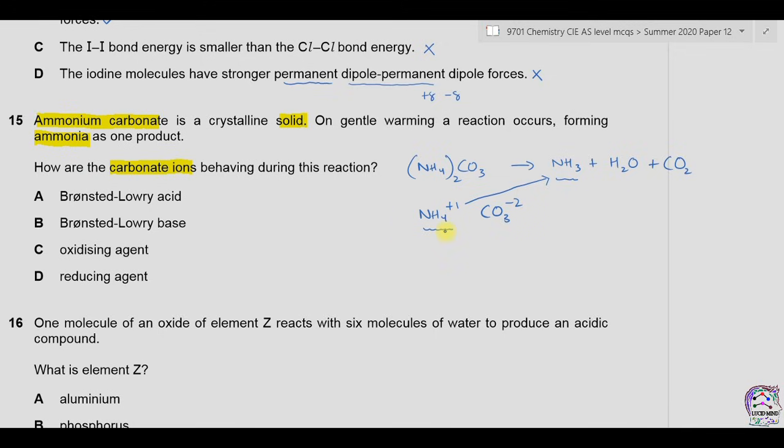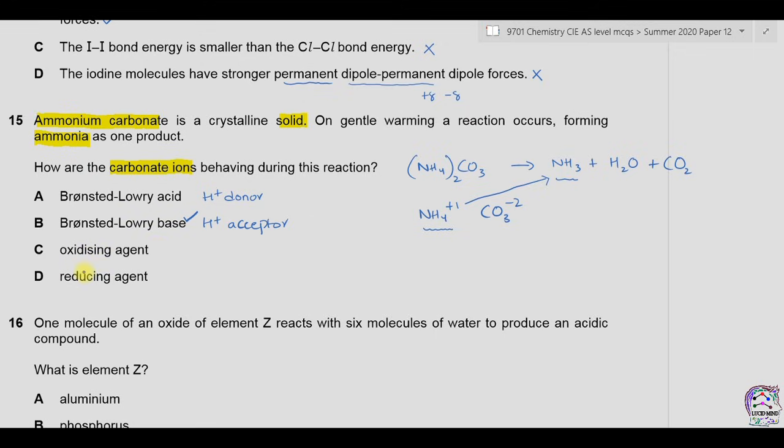It means that the ammonium ion is a proton donor and the carbonate ion is a proton acceptor. So according to the definition, a Bronsted-Lowry acid is the proton donor, and a Bronsted-Lowry base is the proton acceptor. As the carbonate ions are accepting protons, B could be the possible option.